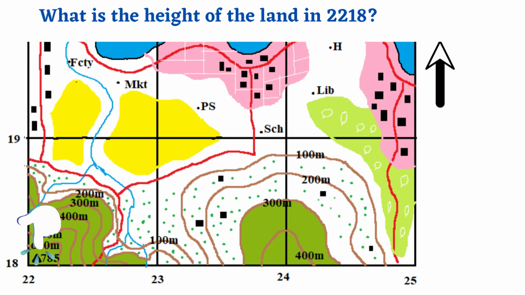All right. So the first question reads, what is the height of the land in 2218? In other words, we are being asked about the highest point. And in this case, it is indicated by the trigonometrical station.